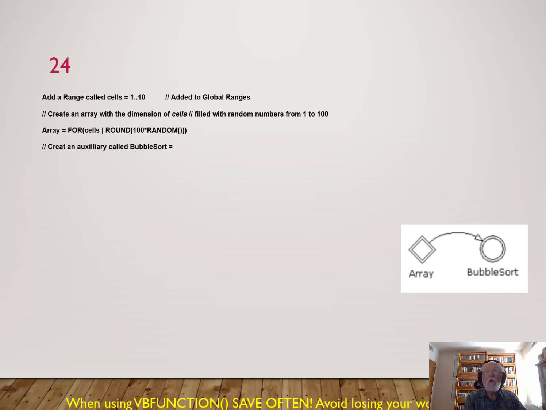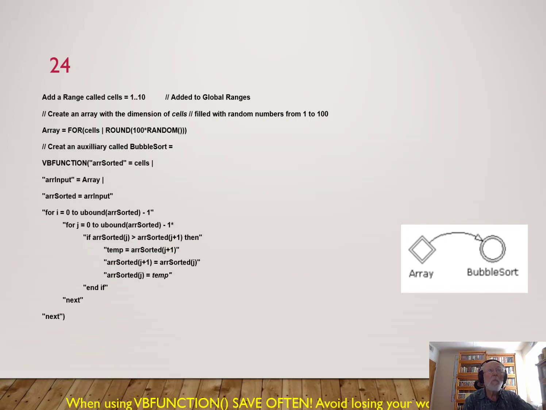So VBFunctions are only used in auxiliaries. Why? Because they're calculated at every time step. And there it is. This is the actual code. VBFunction, all of these quotation marks are required, right? All of these delimiters are required.